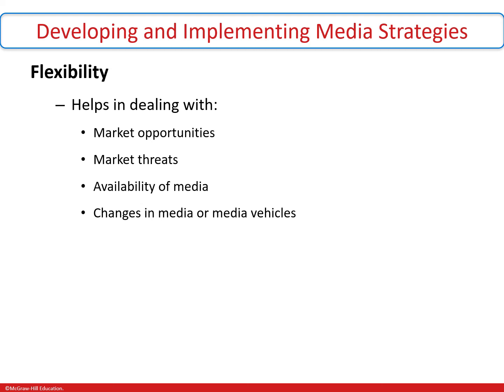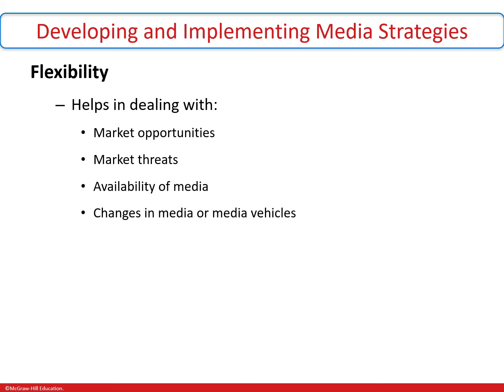Availability of media. Alternative vehicles or media must be considered as a desired medium or vehicle is not always available to the marketer. So again, even when we talk about buying TV time and so on, you might find that sometimes, even though you would like to advertise in primetime news, there may be no spots available for the next 3 months. What are you going to do, right?